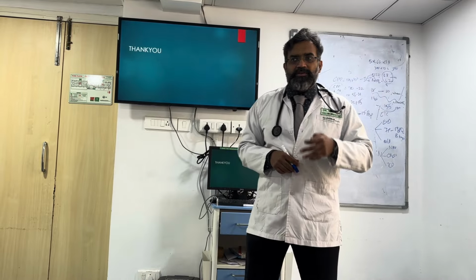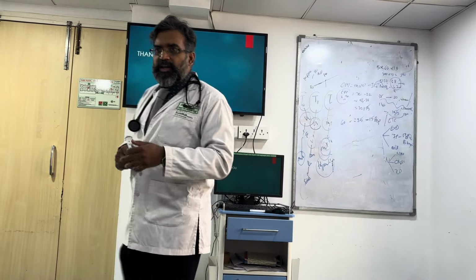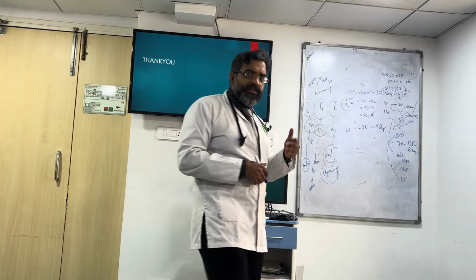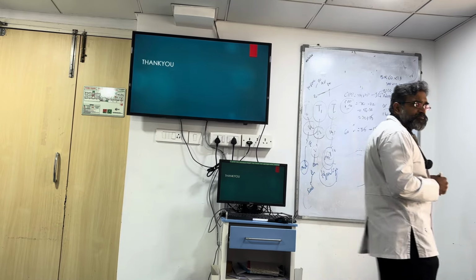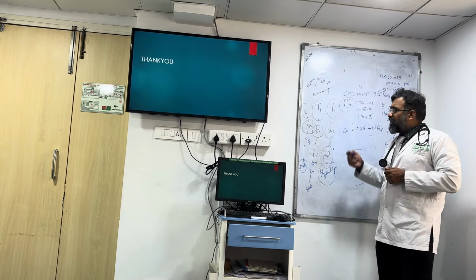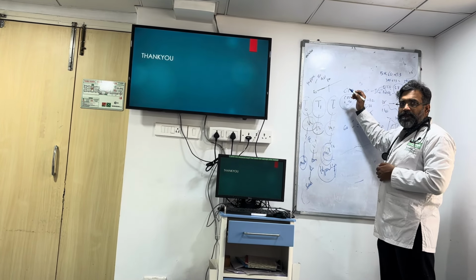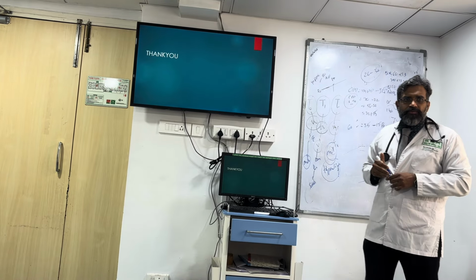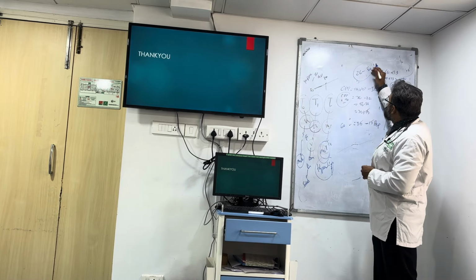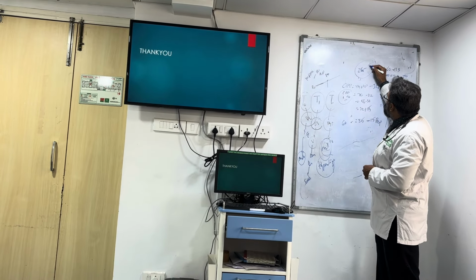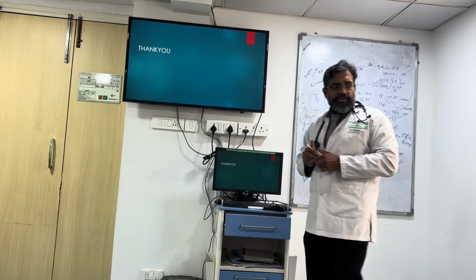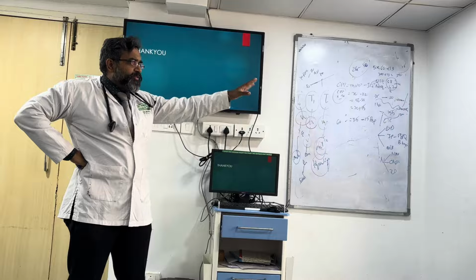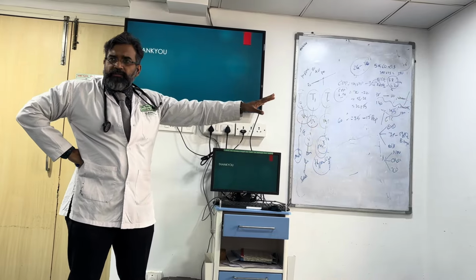So ETCO2, subtract 5 from it: 26 to 32, in fact 24 to 30. Somewhere around this range, 25 to 30. That will be the range I will be in.